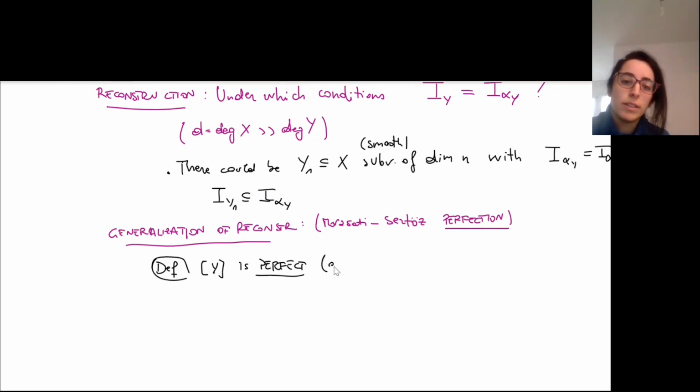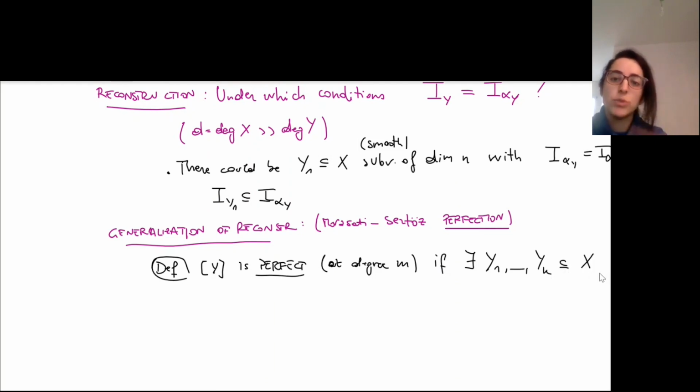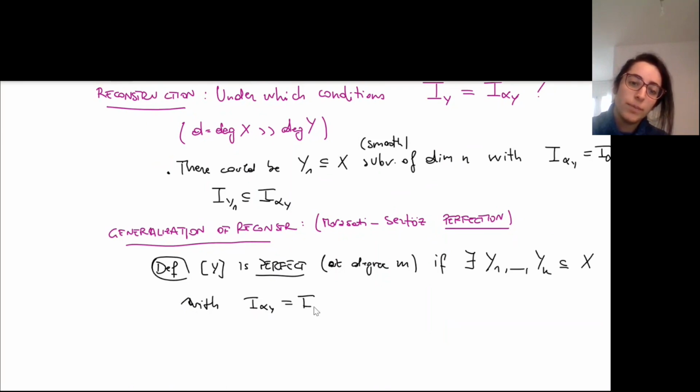So we fix a degree m, and the class is perfect if there exist other subvarieties Y1, ..., Yk, smooth subvarieties of dimension n in X as before, all defining the same ideal for every i.